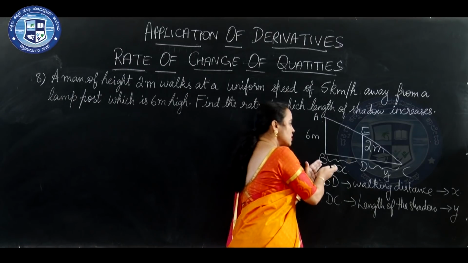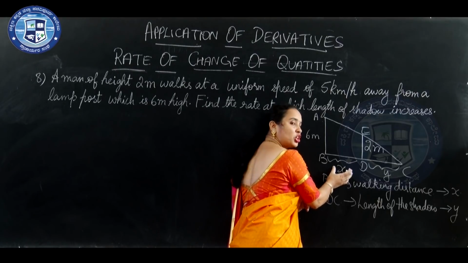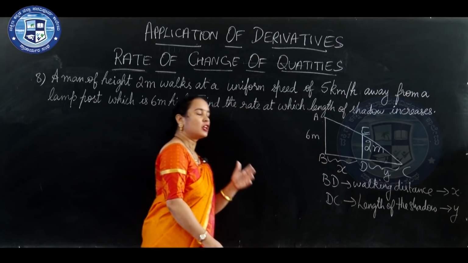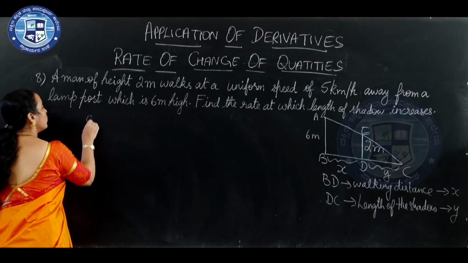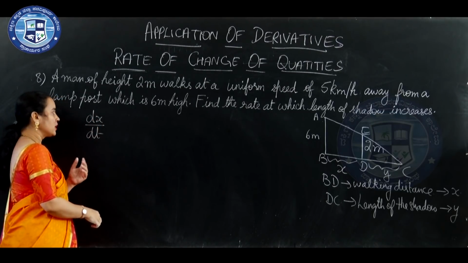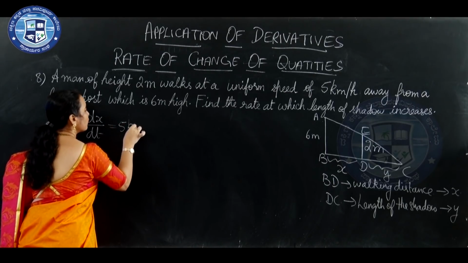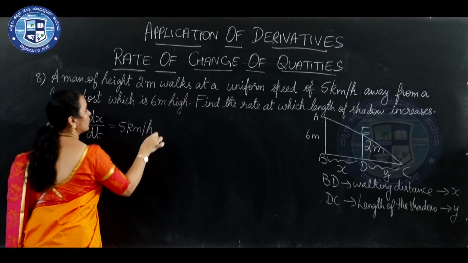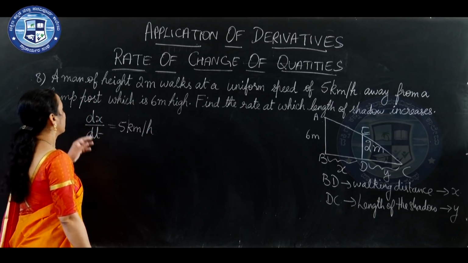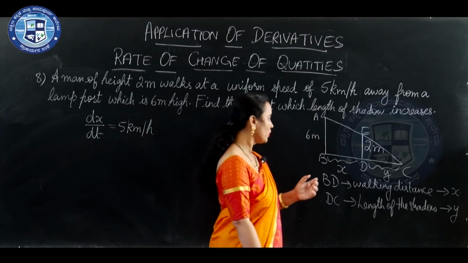So that means there will be a change in this X. So change in X with respect to t, we write it as dx by dt. So dx by dt is 5 km per hour.